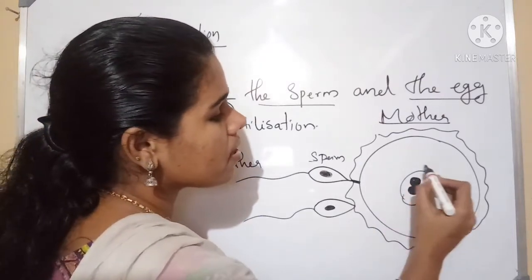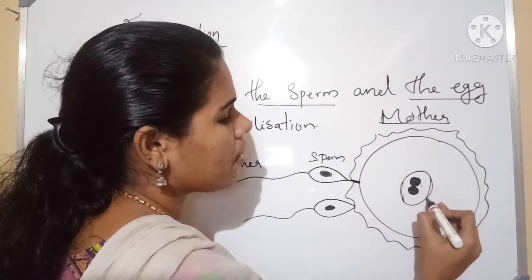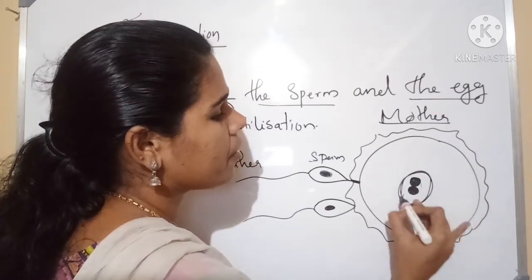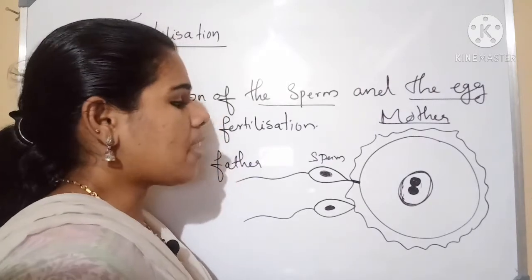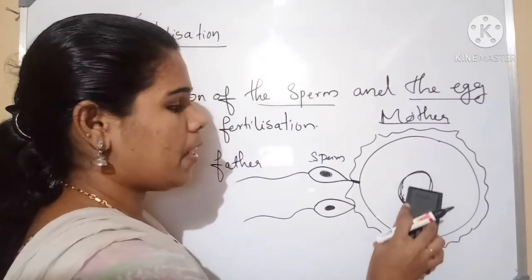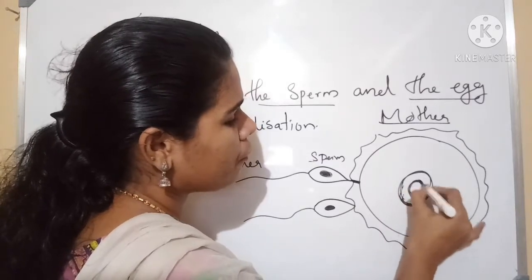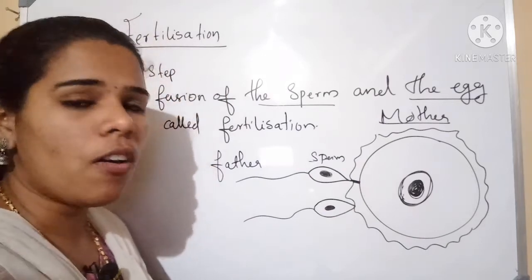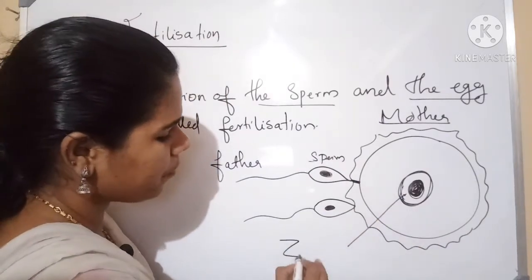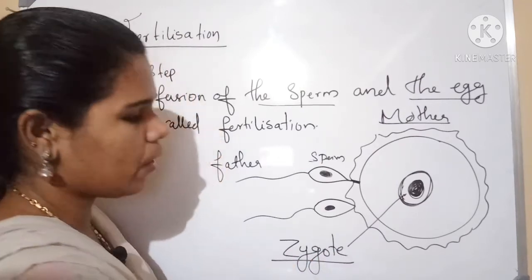The first stage after fusion of the nuclei is called the zygote. So now both nuclei fuse and join together, and this stage is called the zygote.